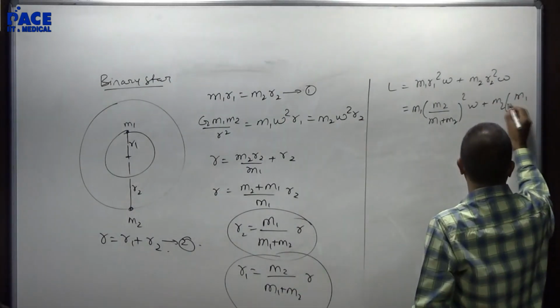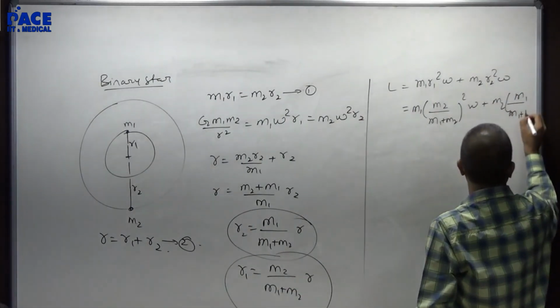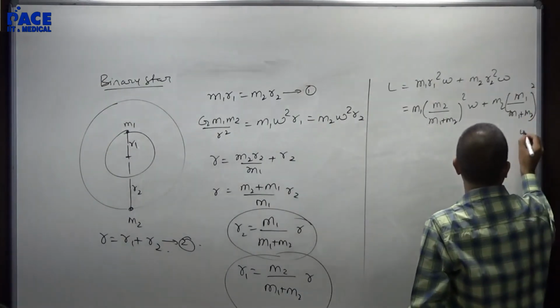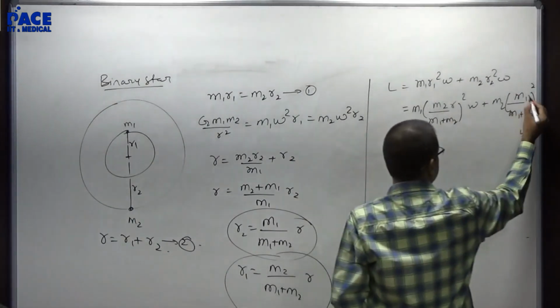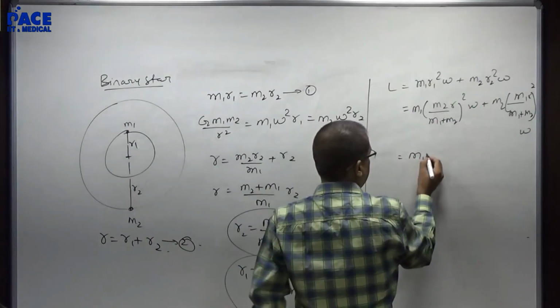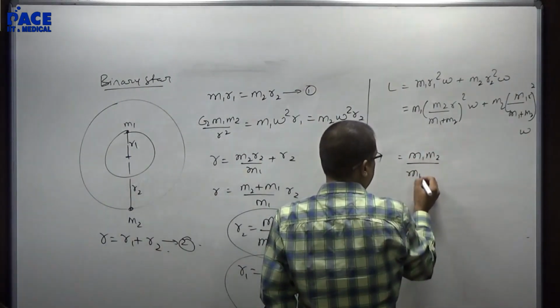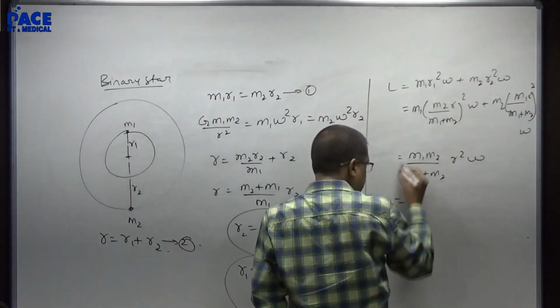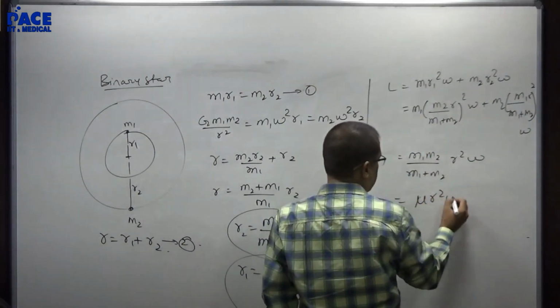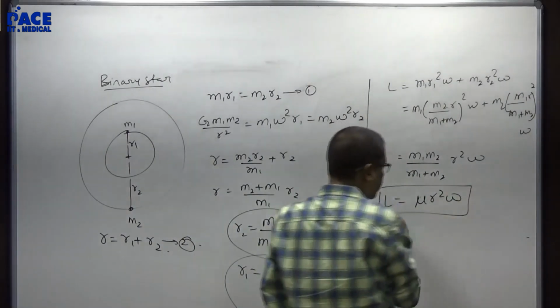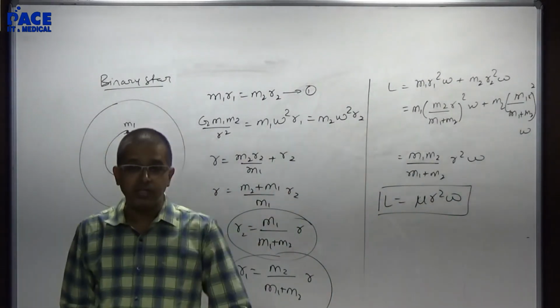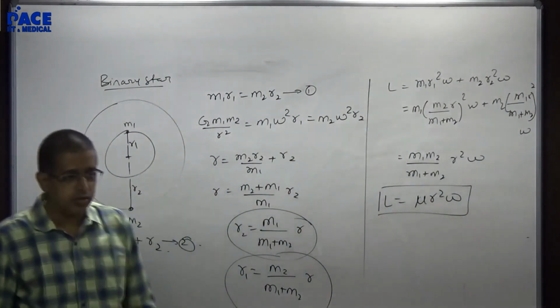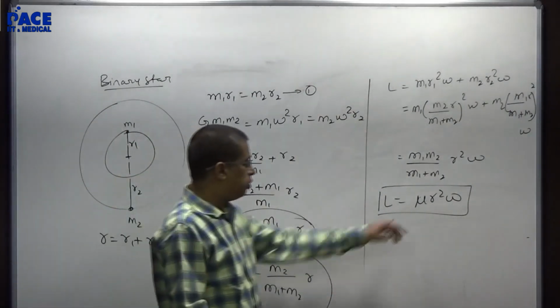M2 by M1 plus M2, whole square omega. I'll have an R inside. This will be M1 M2 by M1 plus M2 R square omega. Do you recognize this? Mu R square omega. A two-particle system without an external force, I can always use the concept of reduced mass.